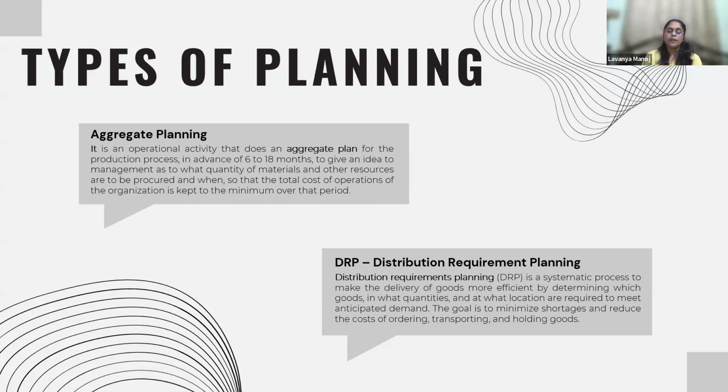Distribution requirement planning, that is DRP, is a systematic process to make the delivery of goods more efficient by determining which goods, in what quantities and at what location, are required to meet anticipated demand. This is not during the production process or once the process is over.